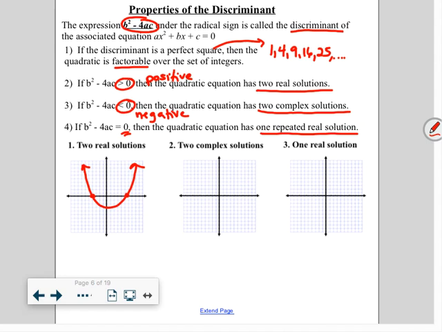To have 2 complex solutions, it does not cross the x-axis. There are no x-intercepts, and you'll have to wait until tomorrow to figure out what that part means. 1 real solution, watch this: the parabola almost bounces off in 1 spot.